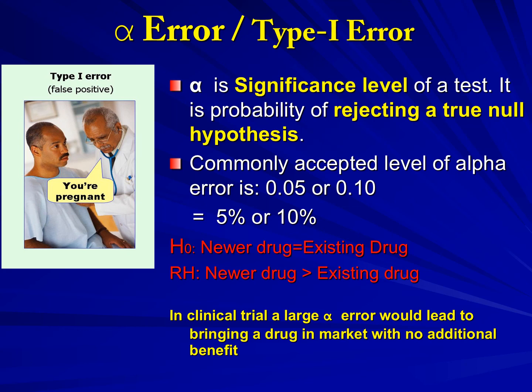Probability of rejecting a true null hypothesis, means you are going to reject that the man is not pregnant, means you are going to accept that the man is pregnant. That means you are going to accept the alternative hypothesis. Clear? If you do not understand, go back and listen to this video repeatedly, you will surely understand it. So it is clear to you, alpha error is rejecting a true null hypothesis.